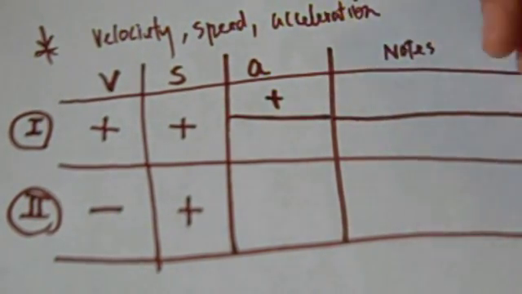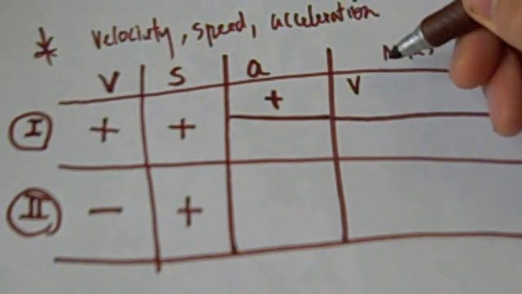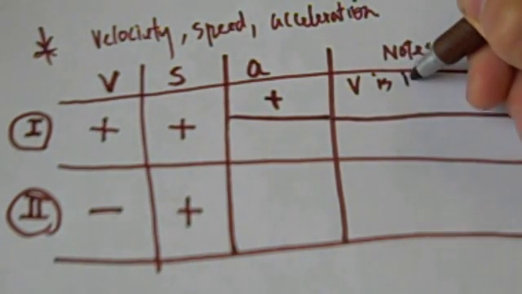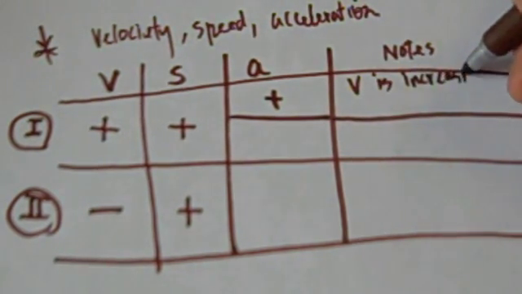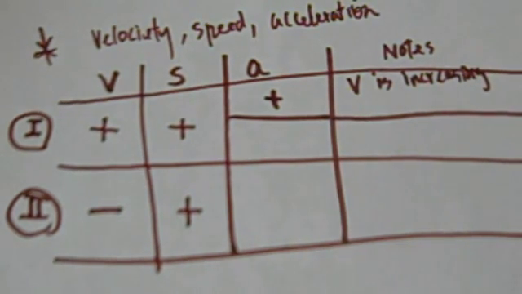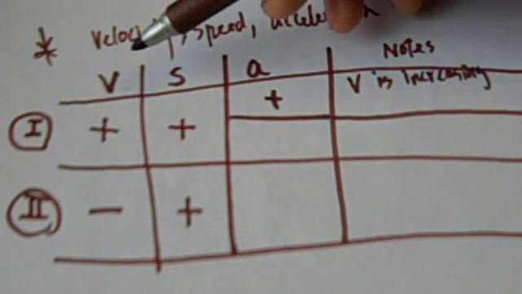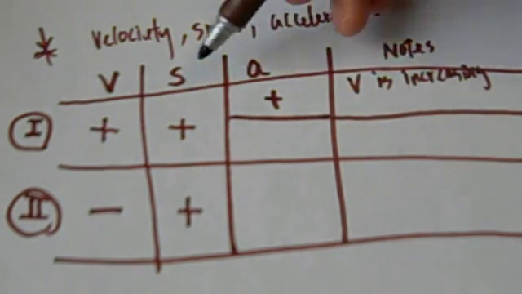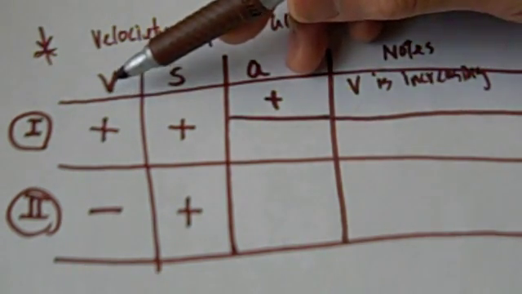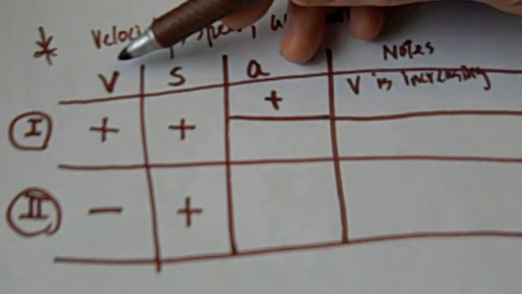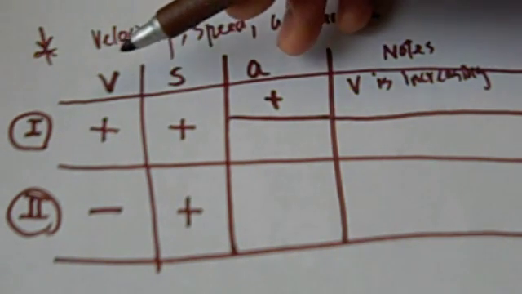Well, that means that the velocity is increasing. That makes sense. Now, if velocity is positive and the acceleration is positive, that means the value of v is getting bigger and bigger on the positive side.